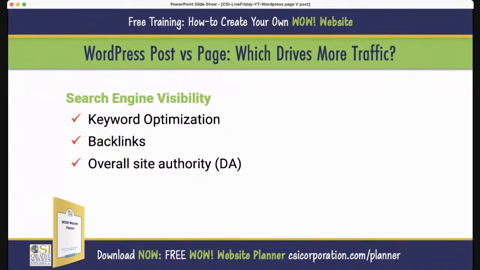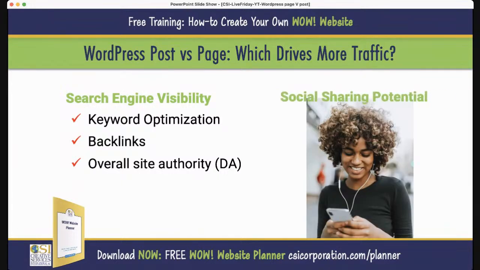And the other one is social sharing potential. Will your content go viral on social media platforms? The power of social sharing can significantly boost your website's visibility, driving traffic from enthusiastic users who can't resist spreading the word about you. So these two things influence the traffic that's going to get to your site.